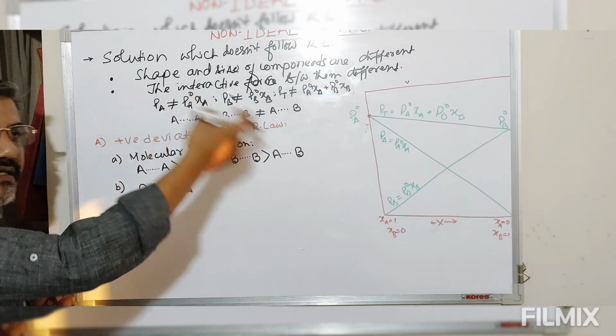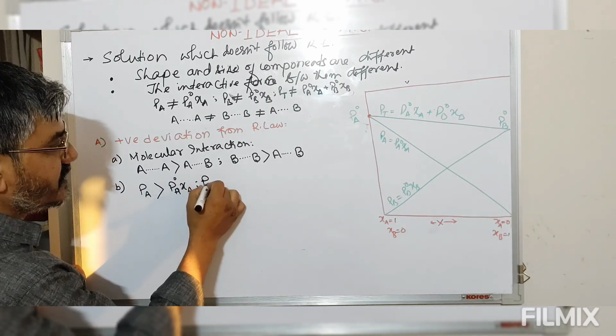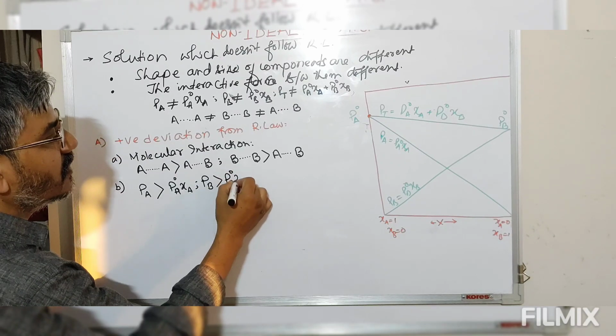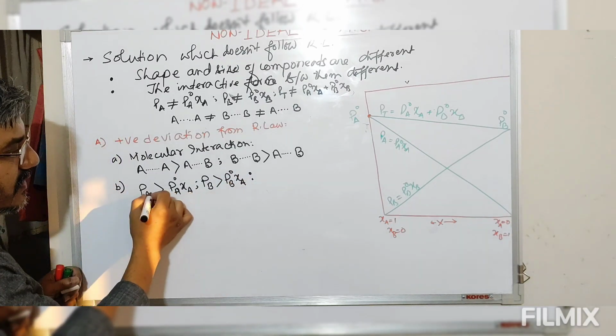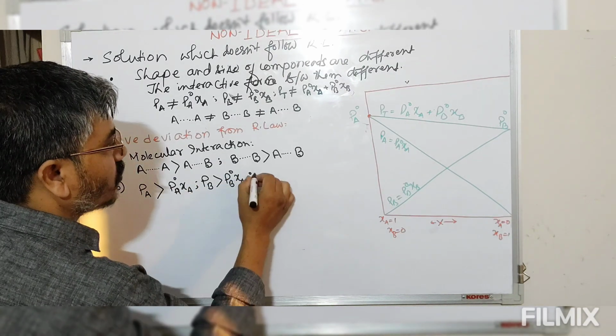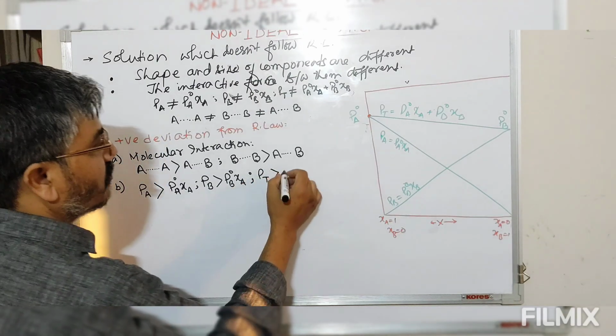The values are greater than ideal value. Similarly, look at this: vapor pressure of B will always be greater than the one predicted from Raoult's law. If both the components A and B have values greater than ideal value, then the total pressure will also be greater than the ideal value.